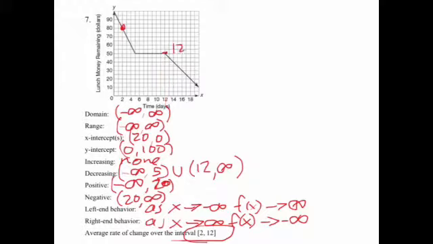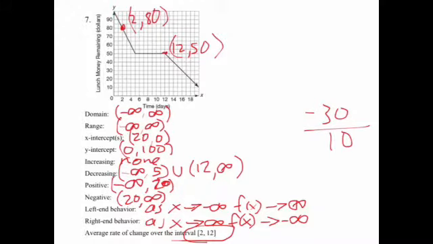So that's the point 12, 50. And over here we have the point 2, 80. We need to get the rise over the run. So you have to go from 80 to 50. That's a rise of negative 30. And the run, going from 2 to 12, that's a run of 10. So that gives me an average rate of change of negative 3. That'll be my last one there.